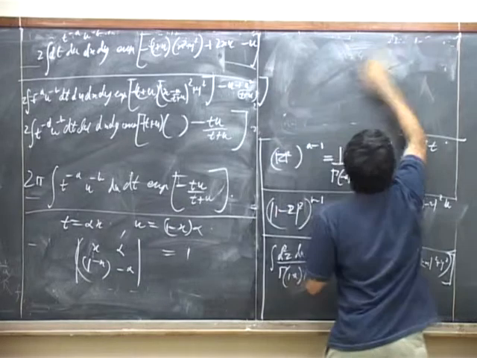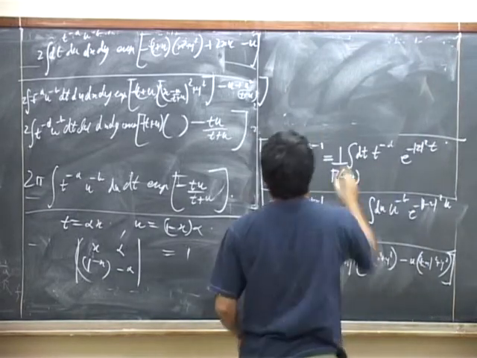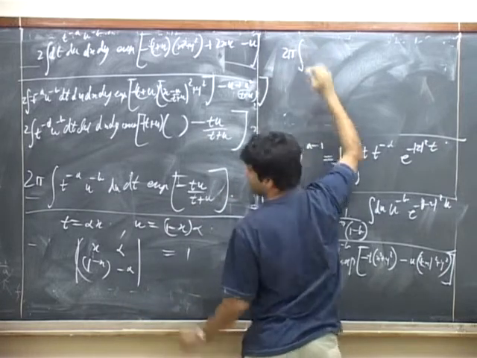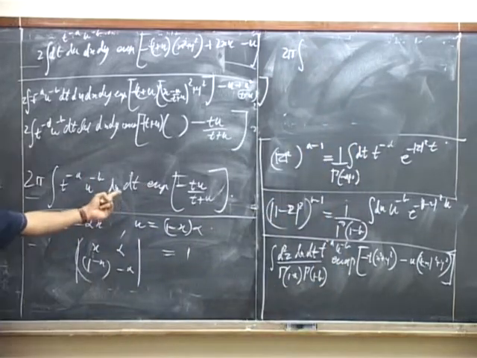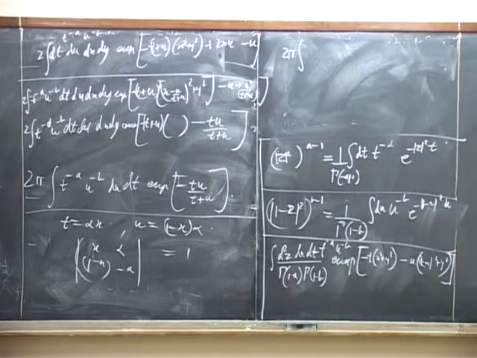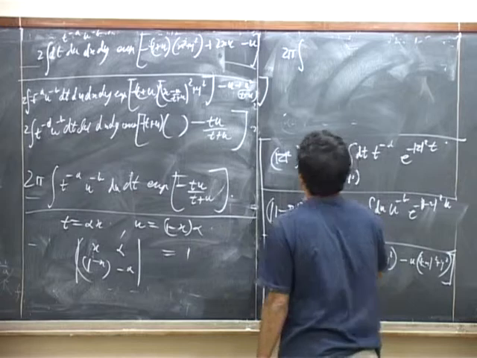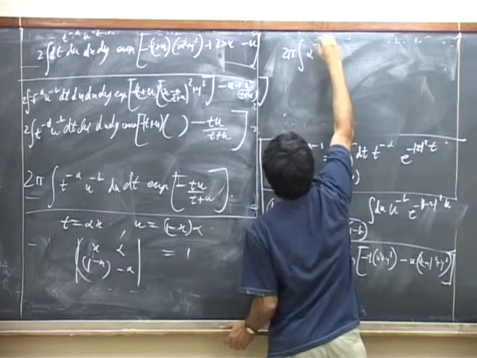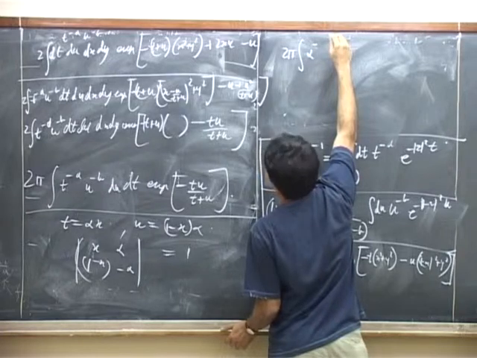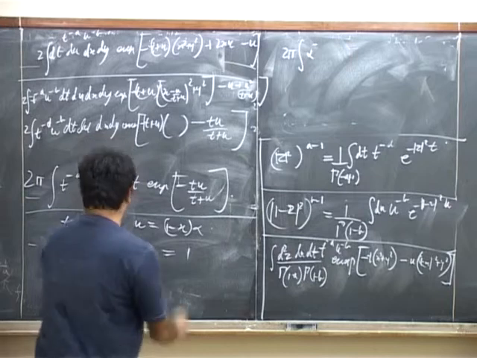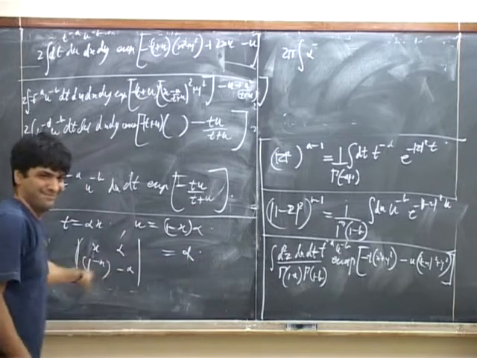Fine. So we can rewrite this expression as 2 pi times the integral over alpha. So we get 2 pi, alpha to the power minus a minus b plus 1, where the Jacobian is equal to alpha.